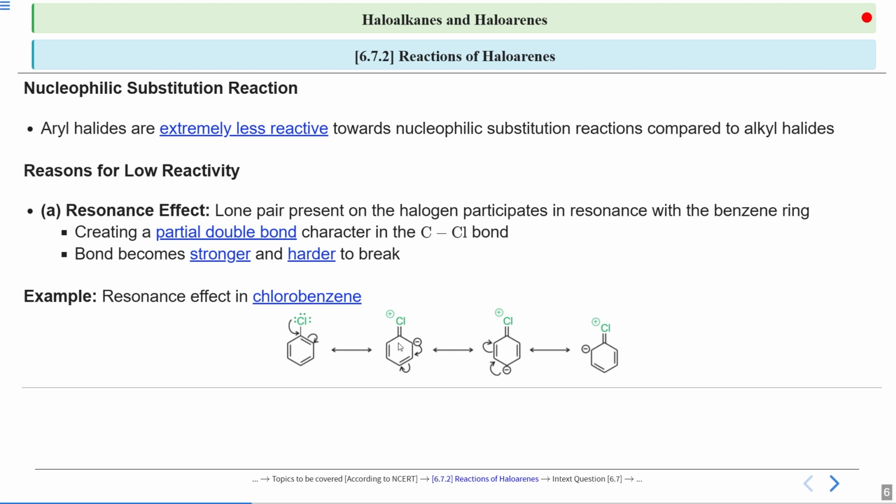Okay, so this is one of the reasons why aryl halides show extremely less reactivity towards the nucleophilic substitution reaction as compared to alkyl halides. In the alkyl halide, there was no resonance effect as effective as in the benzene ring, right?